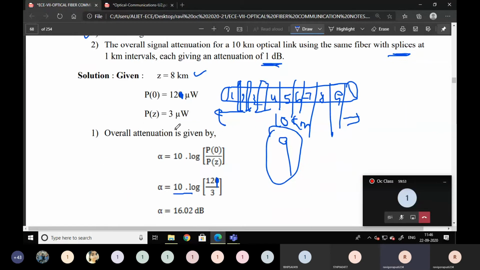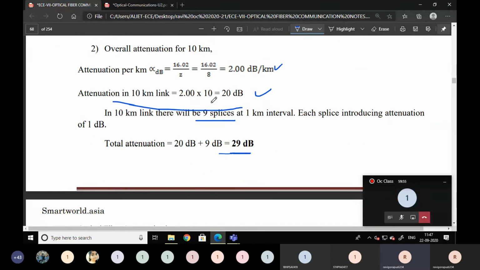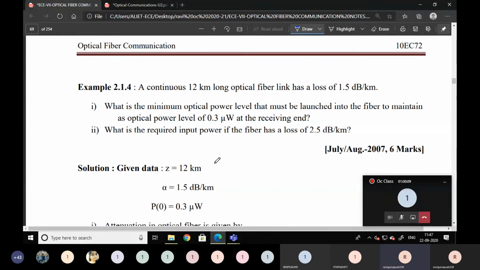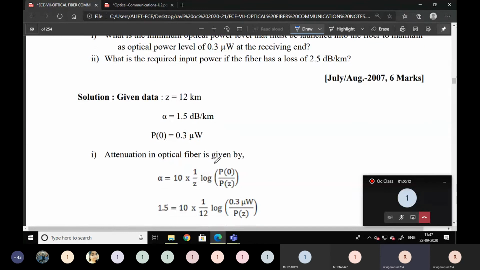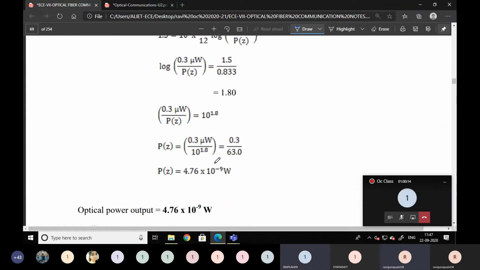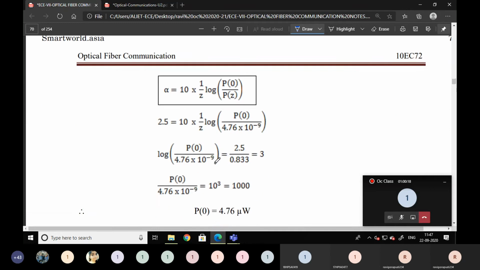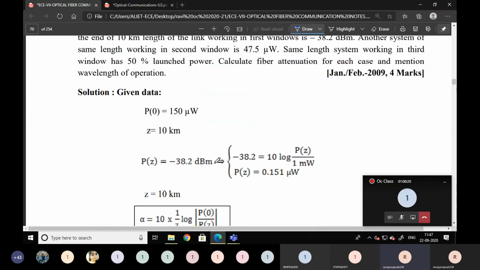Without splices, 20 dB attenuation. With splices, 29 dB attenuation we are getting. Is it clear? All of you. Any doubt regarding this type of problem? Anyone? Any doubts?